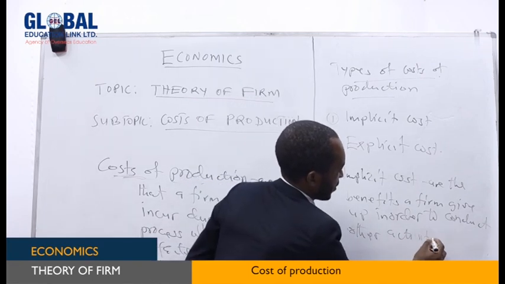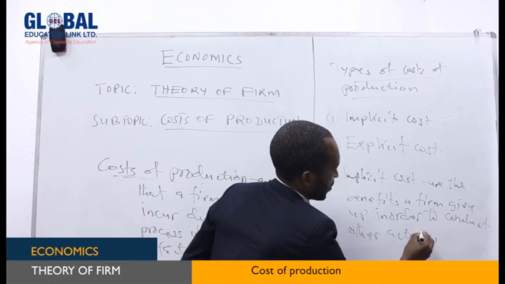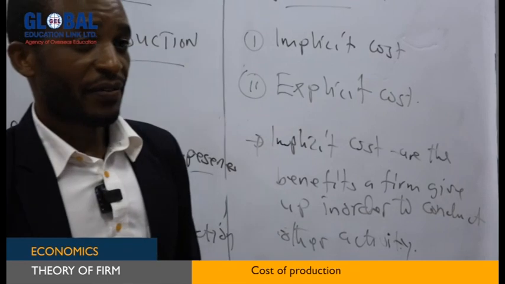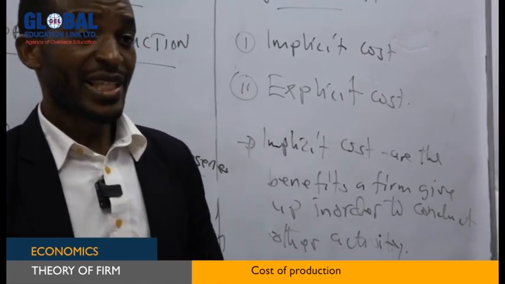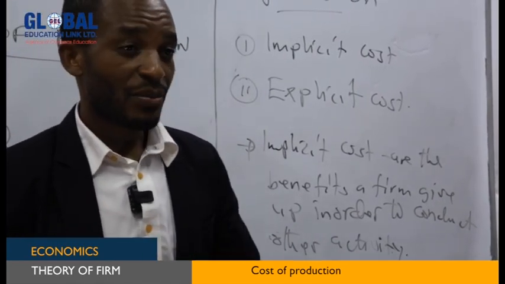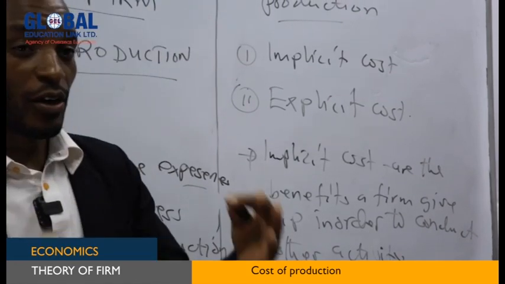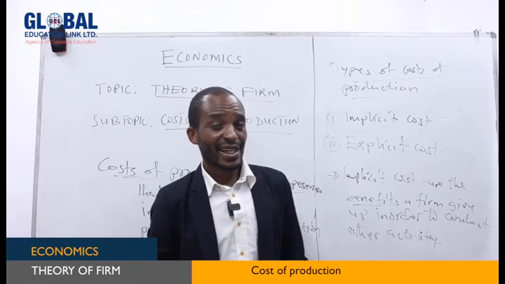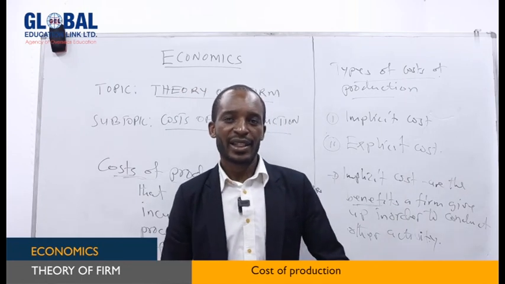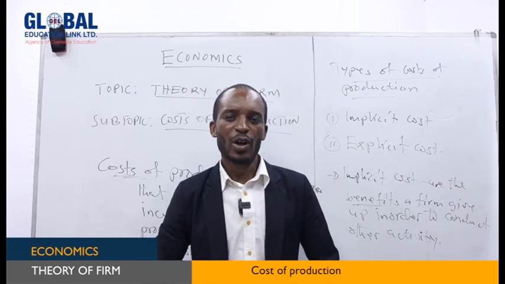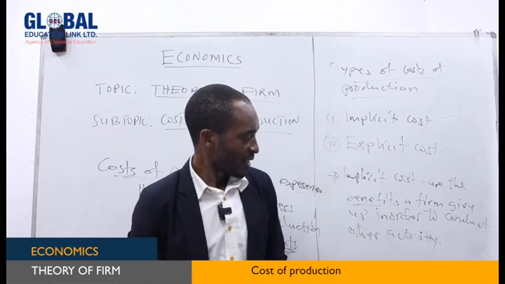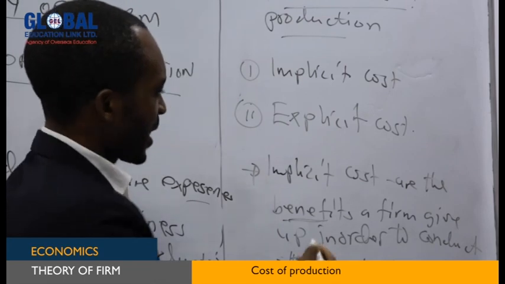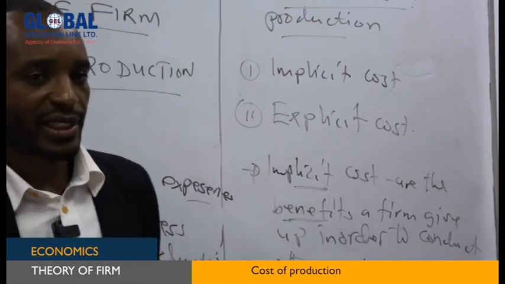If a firm or a businessman gives up some benefits and decides to do other activities which he thinks will give him or her more profit, the benefit he gives up we call an implicit cost.